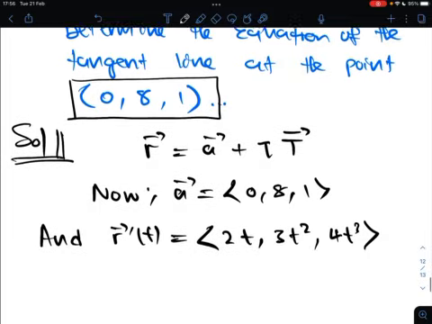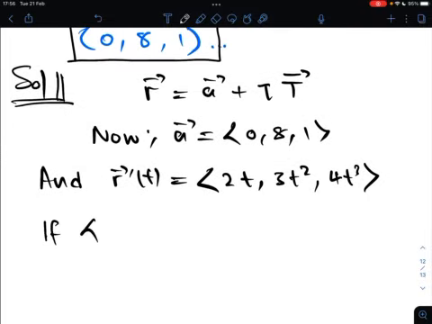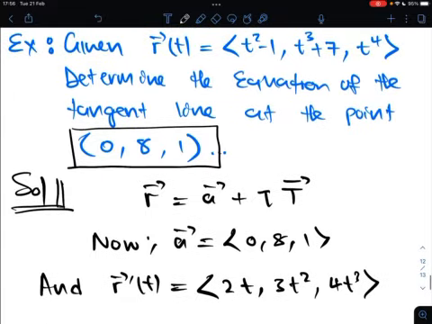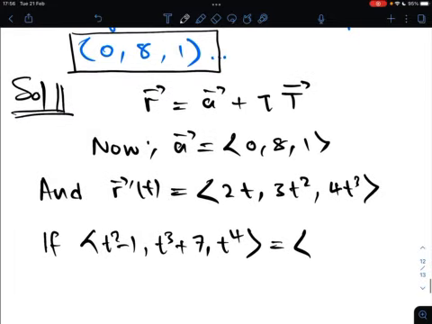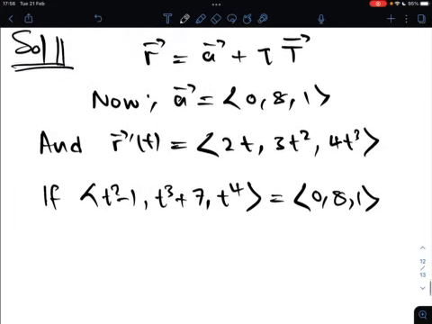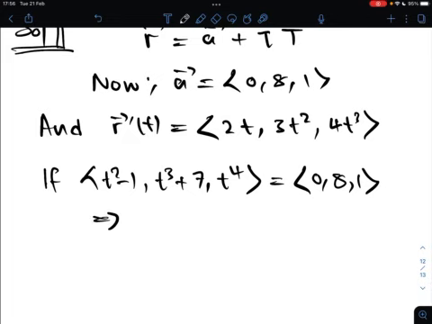To find that, we can equate the points: t squared minus 1, t cubed plus 7, and t to the 4 is equal to (0, 8, 1). You can equate any two components of your choice. I see already that t to the 4 is 1, which means t should be 1 at this instant. You can see also that if t is 1, the other two components come out the same. So this has to be the t value that was used to produce that point.